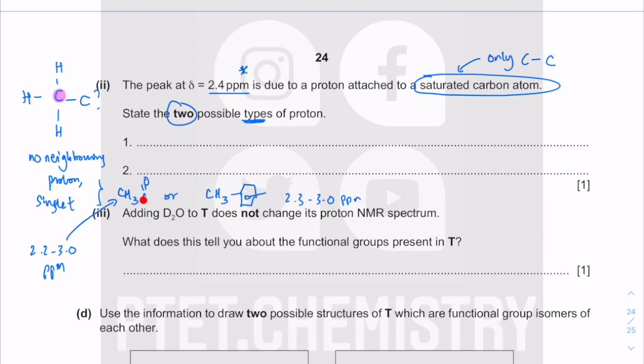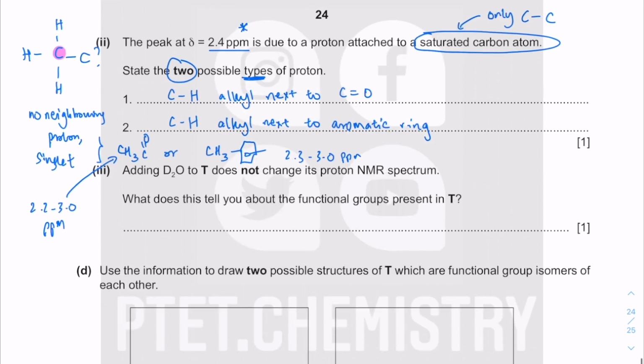They will give you a singlet with no neighboring protons at all. The 2 possible types of protons are a CH alkyl next to C double bond O, or a CH alkyl next to an aromatic ring. So these are the first 2 rows in the proton NMR chemical shift table in the data booklet.